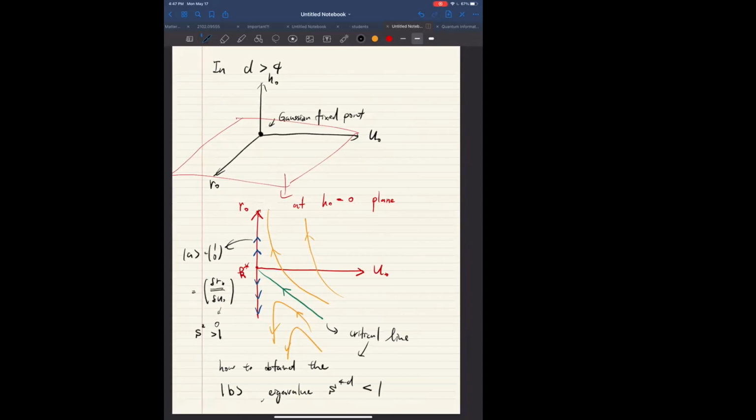How does this change? So recall, B is nothing but minus A divided by D minus 2, 1, right? Which we want to link to the changes of the coupling constant, right? Because this is how we defined it in the coupling equation.